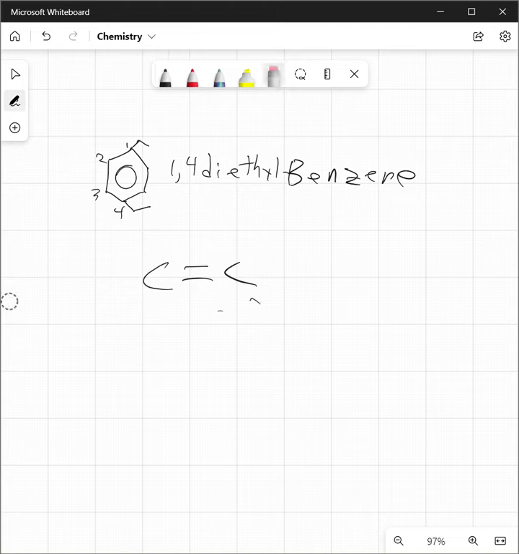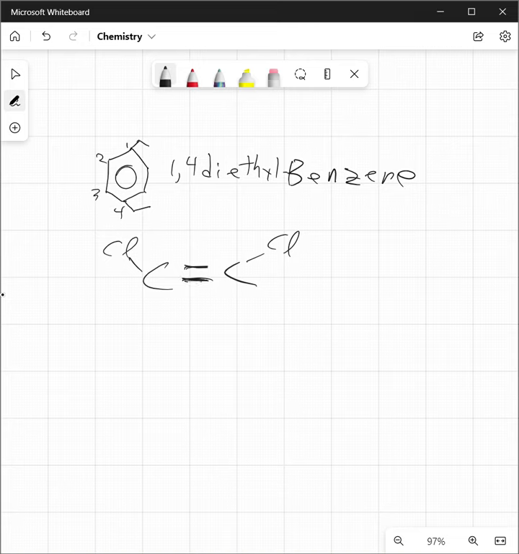However, since you have that double bond, they are locked in. Those carbons have to move together. They're locked in a plane. They can't spin like they could around a single bond. So it is going to matter if I put a substituent right here because there's no rotation around that bond.